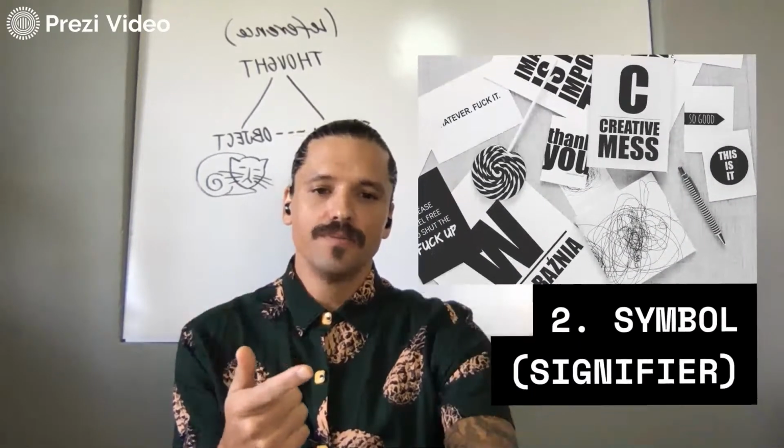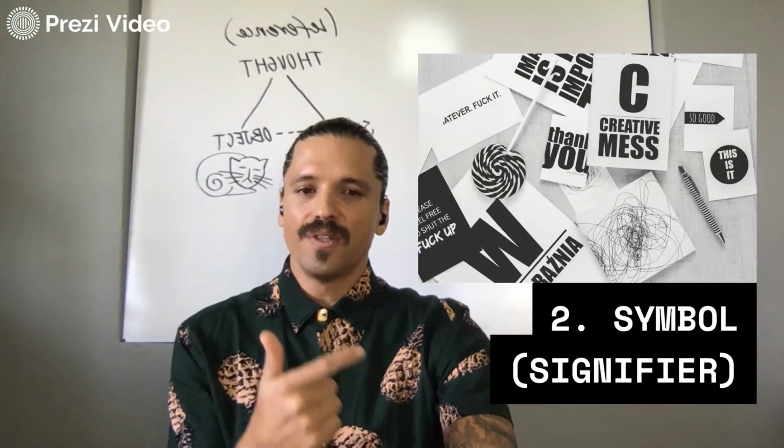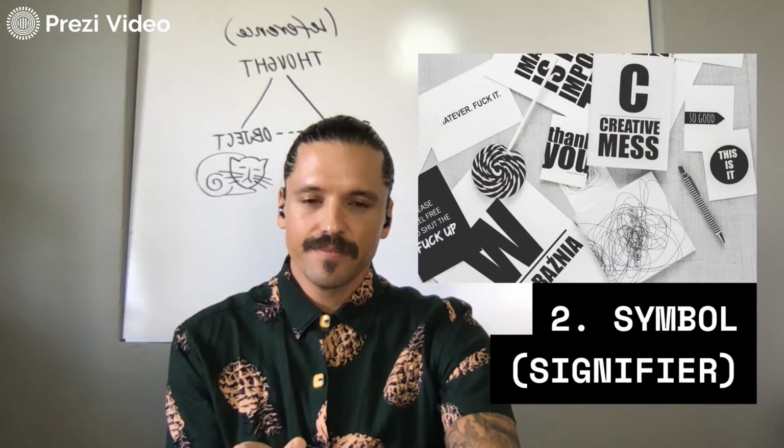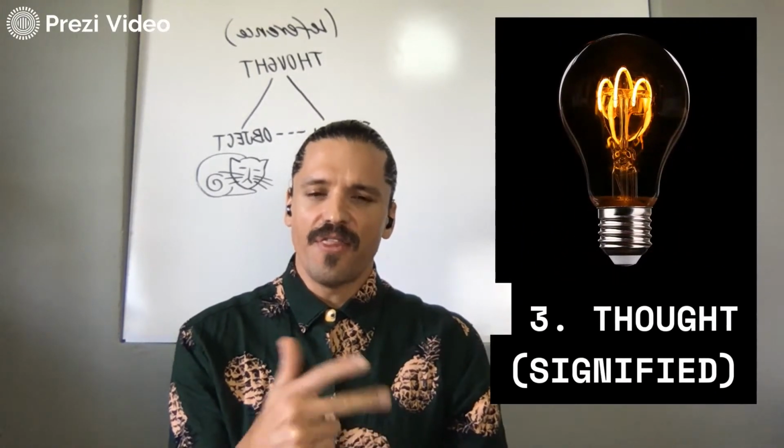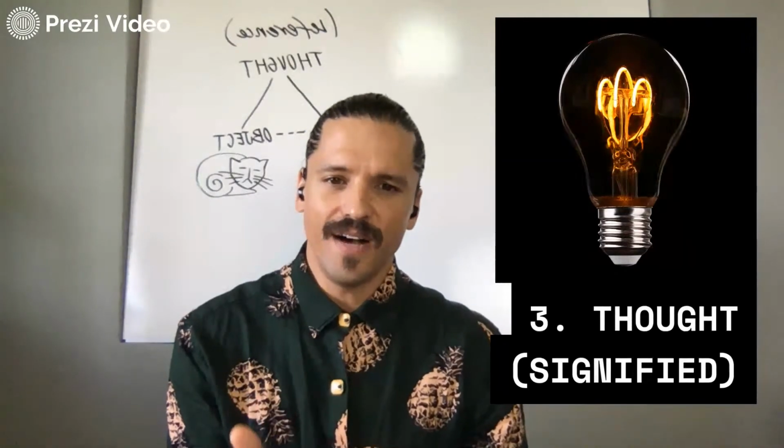which element in the semantic triangle do you think is more indicative of reality? Which one is more truthful? One, the object. Two, the symbol or the signifier. And or three, the thought or the signified.